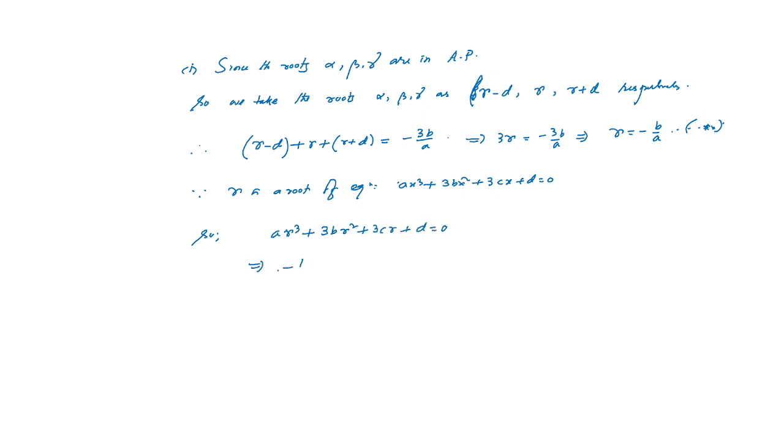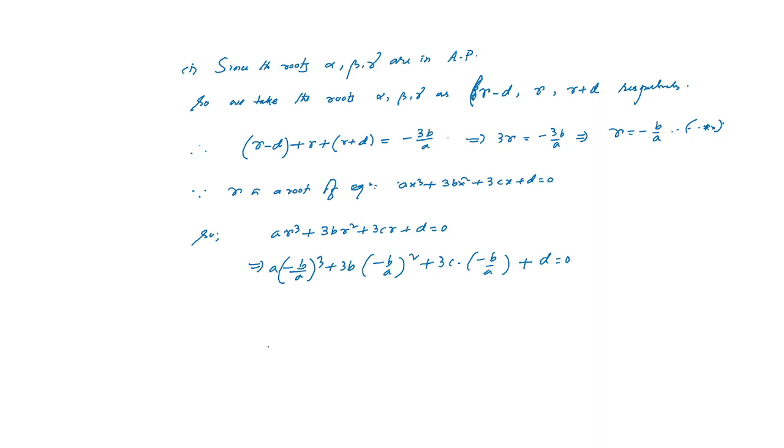Put the value of r: a into minus b by a whole cube, 3b into minus b by a whole square, 3c into minus b by a, plus d equals 0.